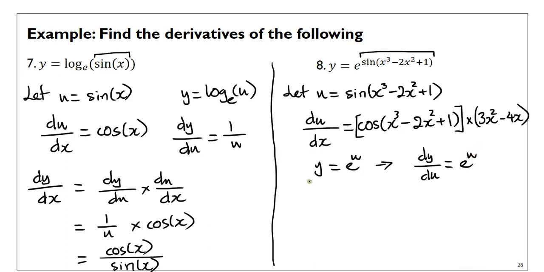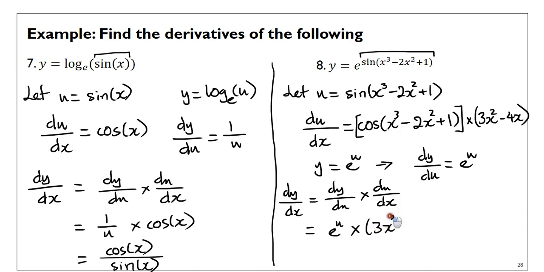And then we can use the chain rule, so we have dy/dx equals dy/du times du/dx. So e to the power of u, that's dy/du, times, let's just put this first so I don't have to do a bracket on the cos, 3x squared minus 4x, cos of x cubed minus 2x squared plus 1.